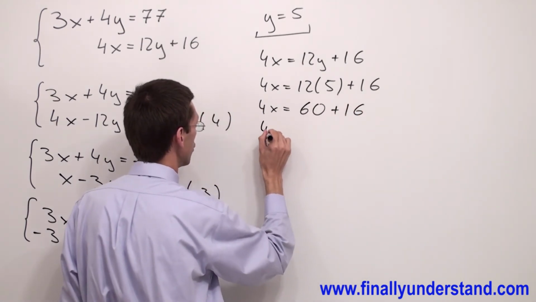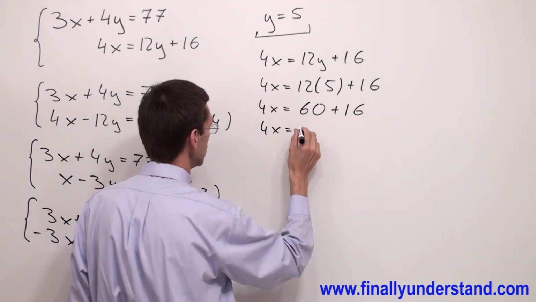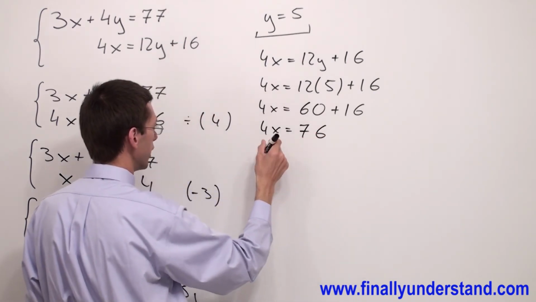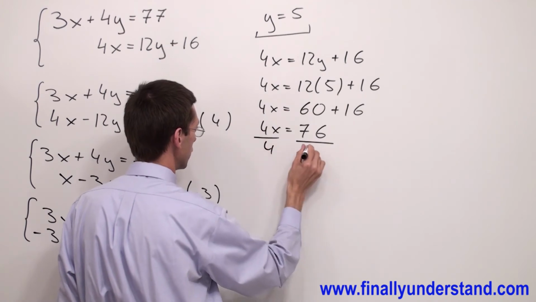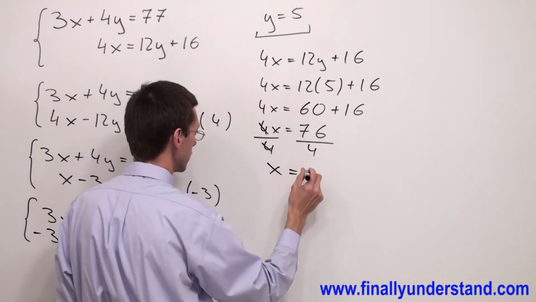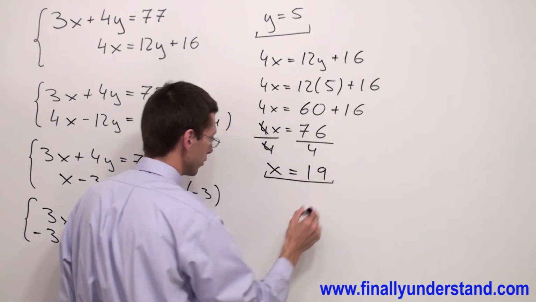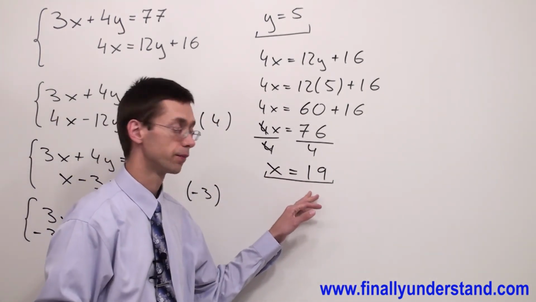So I have 4x equals 60 plus 16 is 76. In order to find the value of x, you have to divide both sides of the equation by 4. X is equal to 76 divided by 4 is 19. And this is the value of my x, 19.